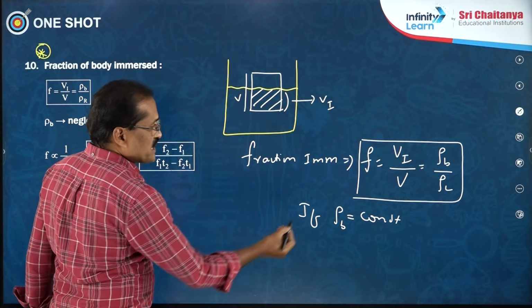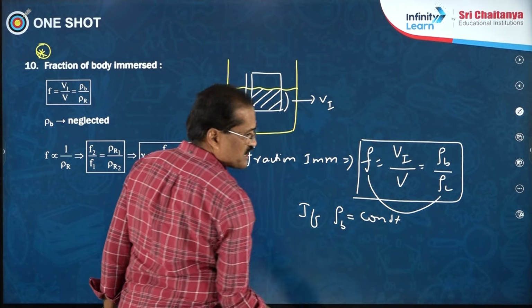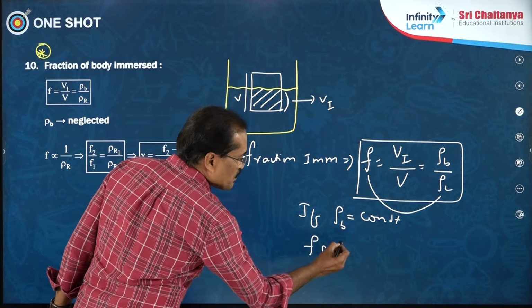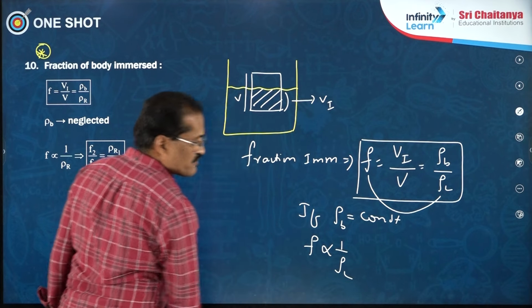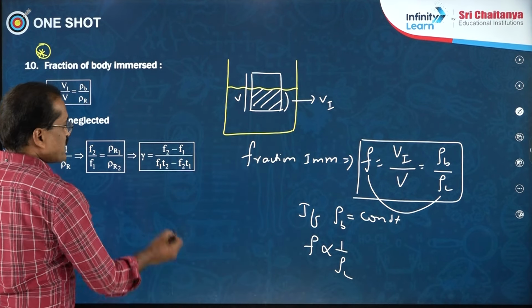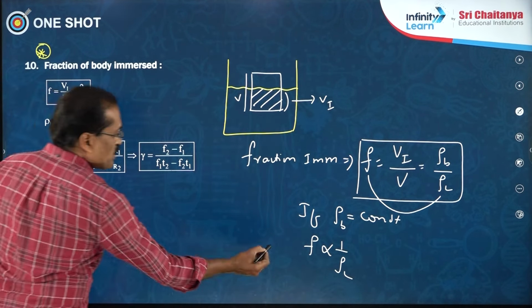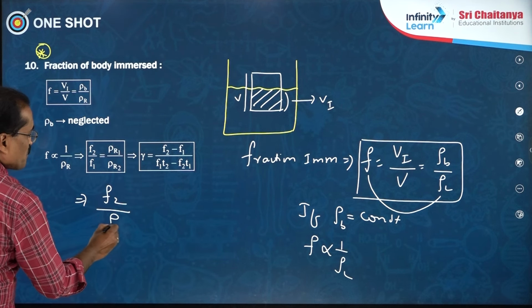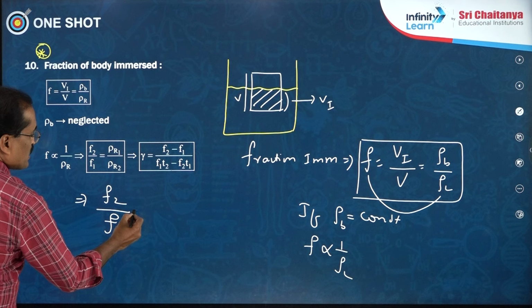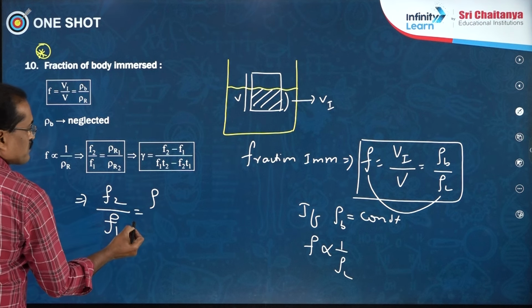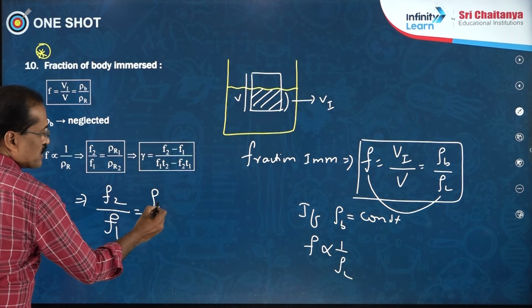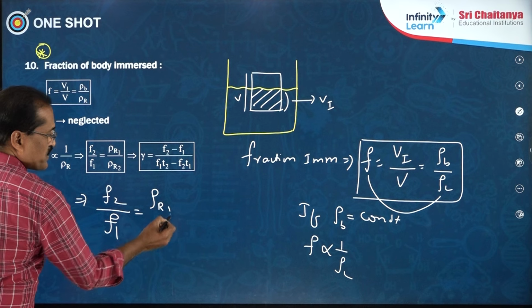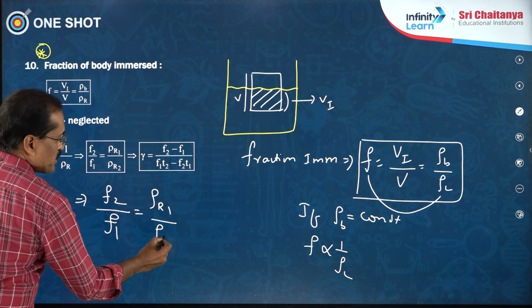The fraction is inversely proportional to the density of the liquid. So the fraction of the body at the second temperature by the fraction at the first temperature is equal to the density of the liquid at the first temperature by that at the second temperature.